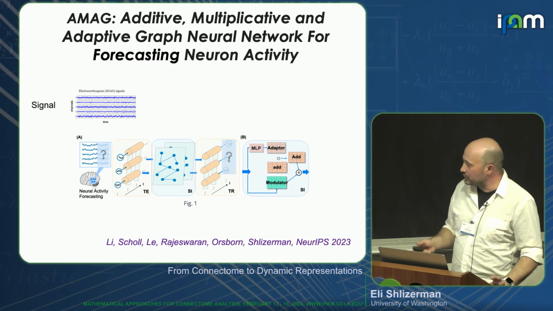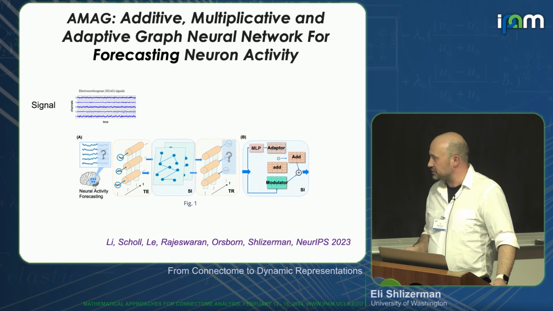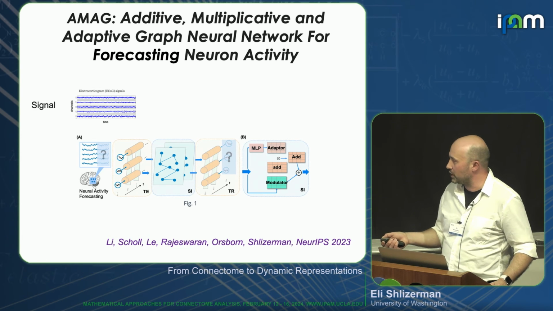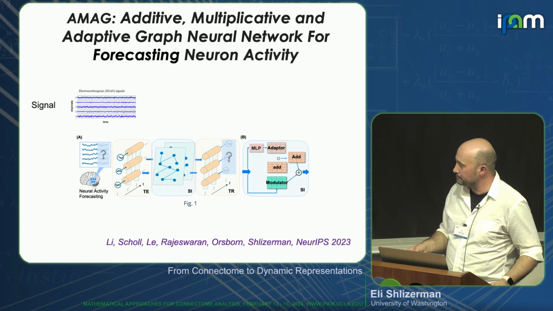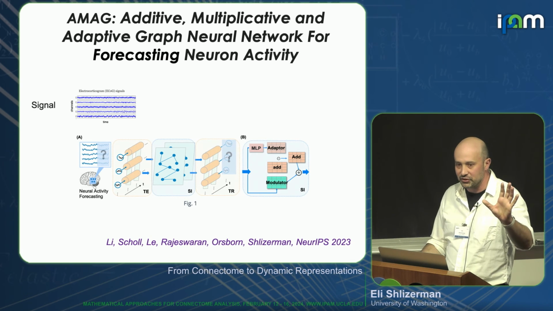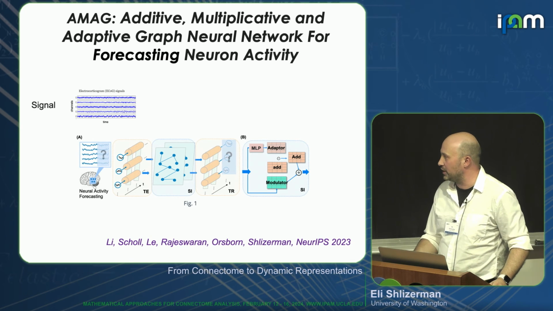I wanted to mention our latest work on representations, which was just published in NeurIPS, where we also started to think about how to go back to the graph, to the structure, with the neural dynamics.